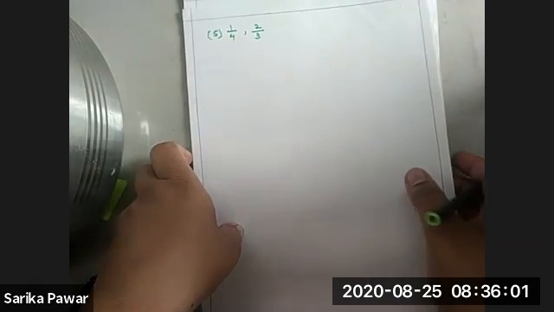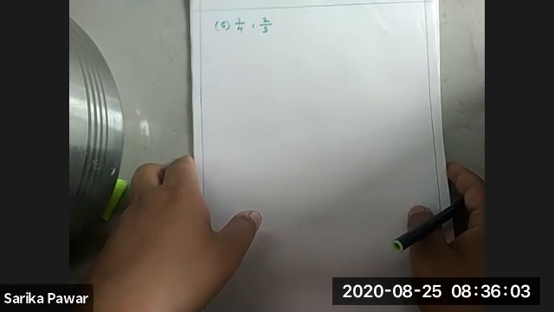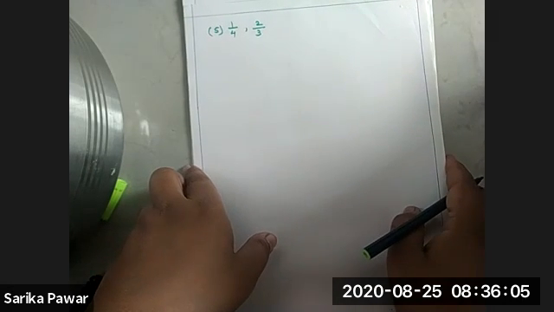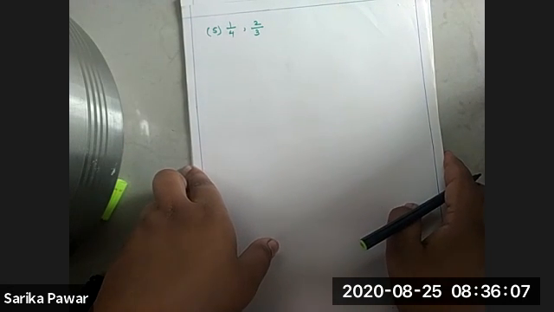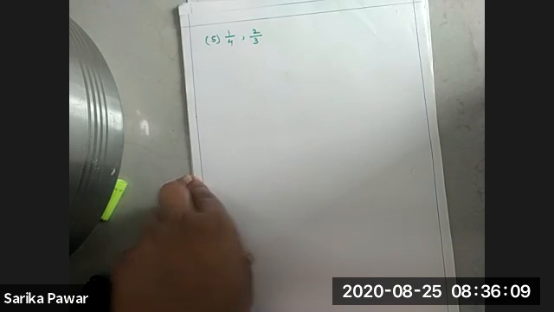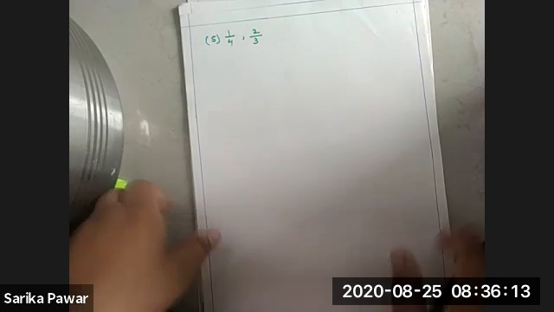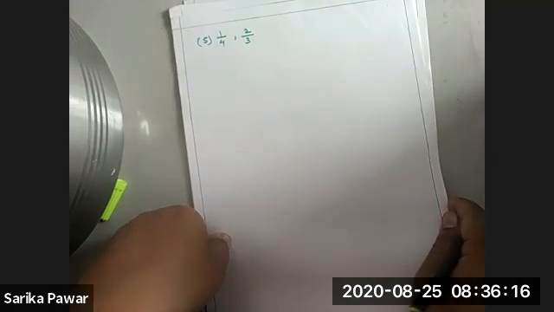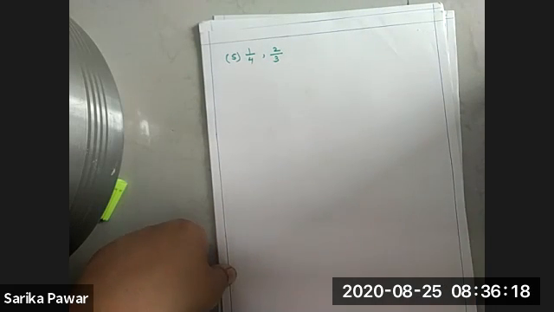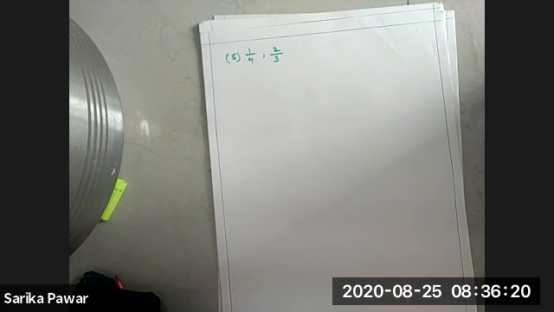1 upon 4 and 2 upon 3. You can see it in the textbook, problem set 18, problem number 5. 1 upon 4 and 2 upon 3. Now you tell me, what do we have to do first? What do we have to do here? We have to solve this problem in the same way.